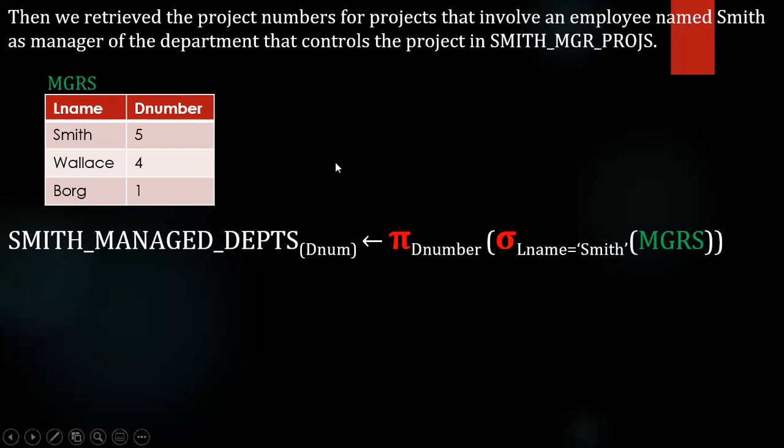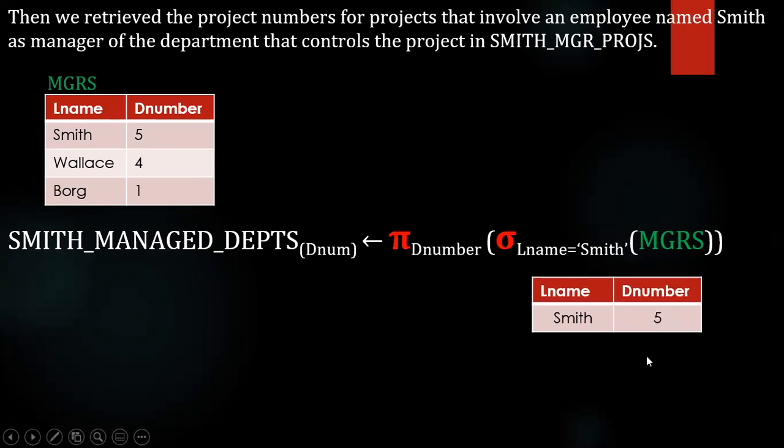From this we need to find only the manager whose last name is Smith. So go to the MGR table and select only that manager whose name is Smith. Take L name as Smith. For which department is the manager Smith? It is department number 5.